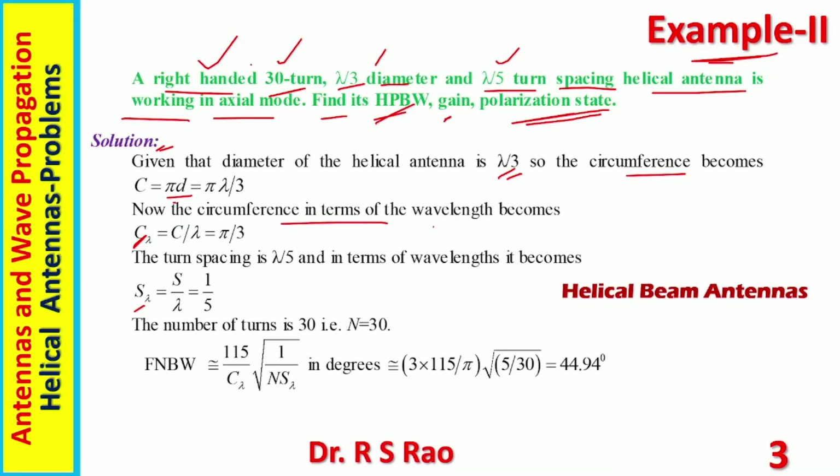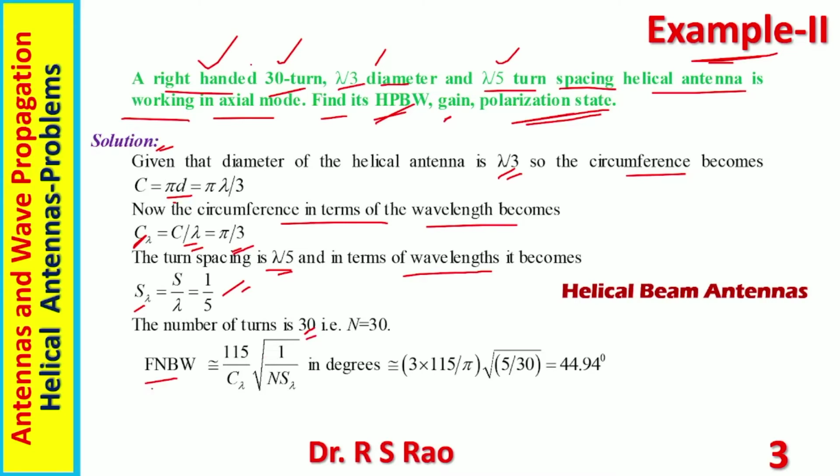The circumference in terms of wavelength becomes C lambda equals C by lambda. It is equal to pi by 3 in this case. Now turn spacing is given as lambda by 5. In terms of wavelengths, it becomes S by lambda. So S lambda is 1 by 5. Number of turns N is given as 30.